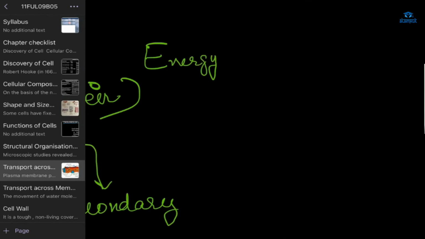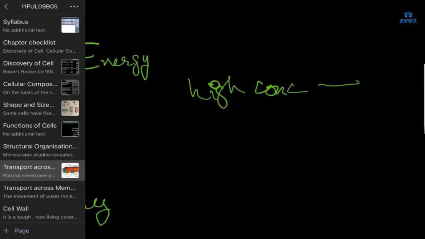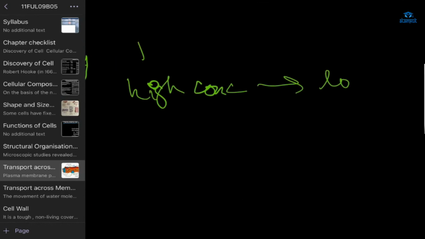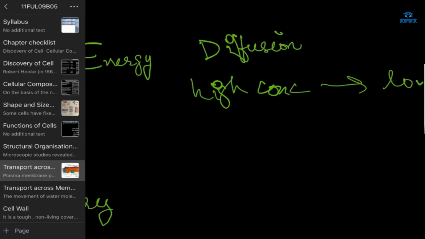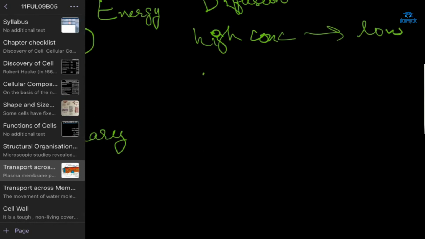See, for diffusion, from high concentration to low concentration, right? But in active transport, what happens? From low concentration, it goes to the high concentration.